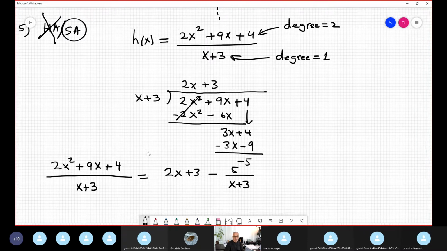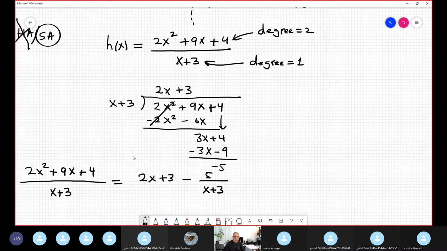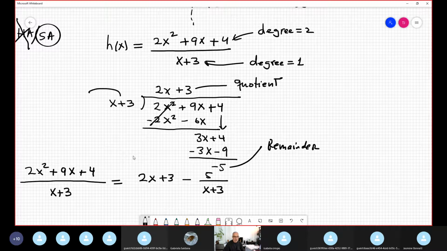Okay, remember the formula is, let me call the names. This is the quotient. This is the remainder. And this guy, the name is divisor. And the formula is quotient, we copy here separately, plus or minus depending on the sign, remainder, in this case negative 5, divided by divisor.